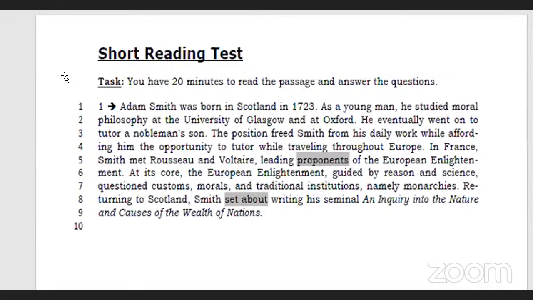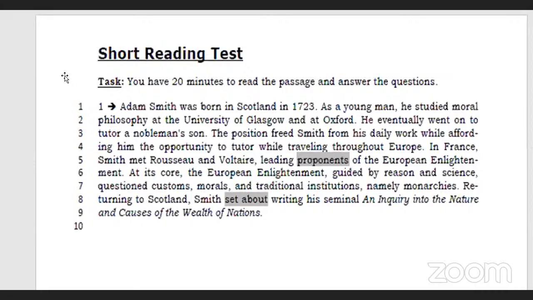In France, Smith met Rousseau and Voltaire, leading proponents of the European Enlightenment. At its core, the European Enlightenment, guided by reason and science, questioned customs, morals, and traditional institutions, namely monarchies.